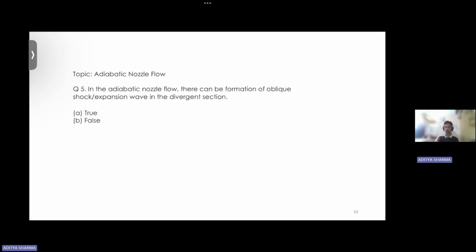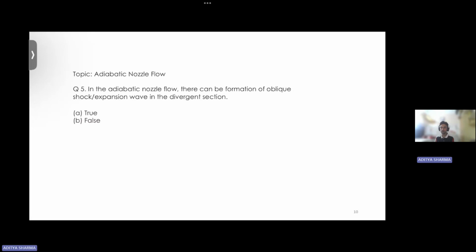Okay, let's continue with our session. We were discussing question number 5. This is an adiabatic nozzle flow case, and the question says that in the divergent section there can be oblique shocks and expansion waves. Obviously this statement is not correct, because we see oblique shocks when we have a compression corner.